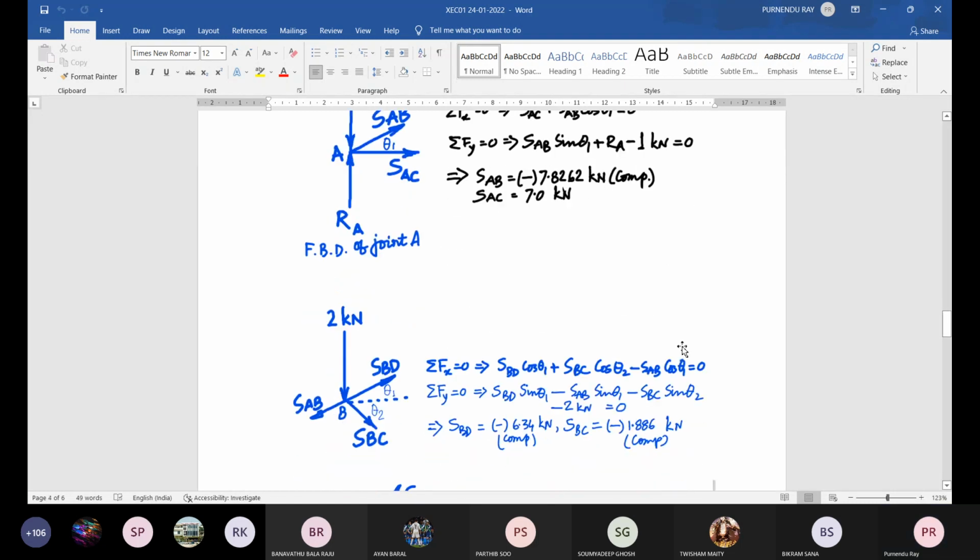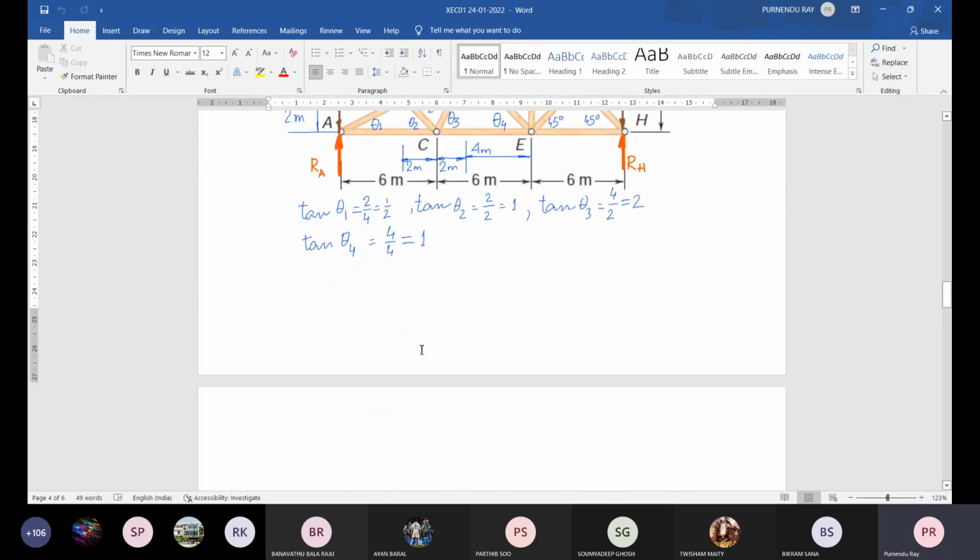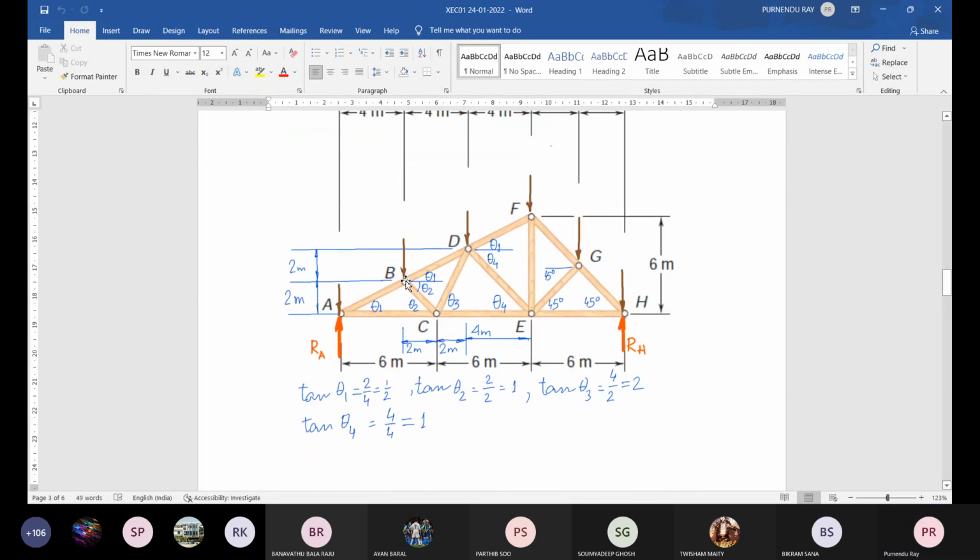Next thing, joint B. Now at joint B, how many members are there? Member AB, member BD, member BC, and this is the applied force. Now the force developed at A for this member AB, and for joint B also, for the same member, will be the same, but while giving their names, we are not giving the joint name first normally.